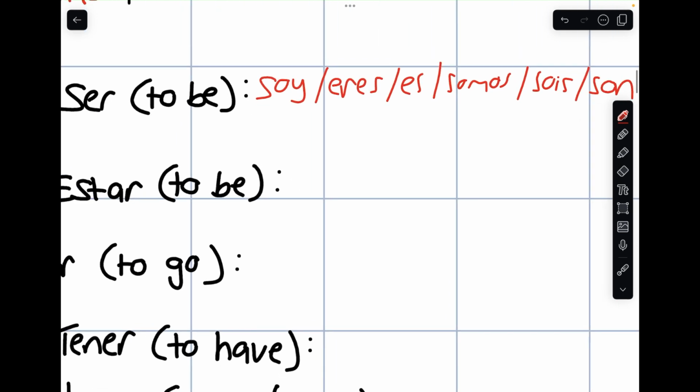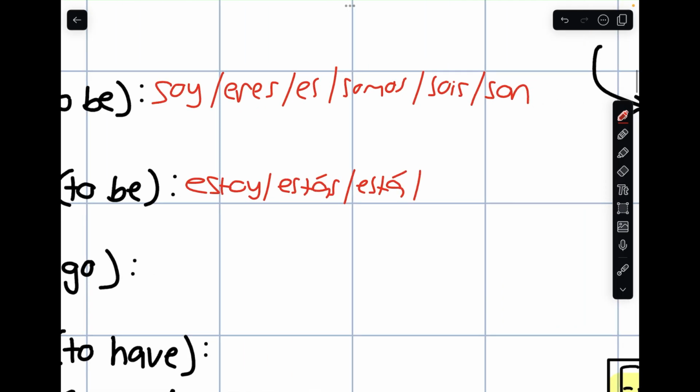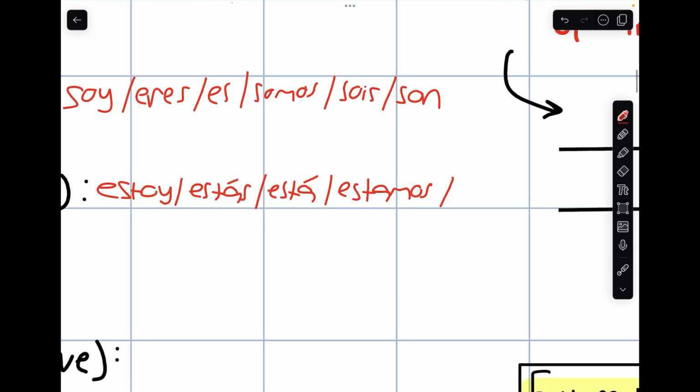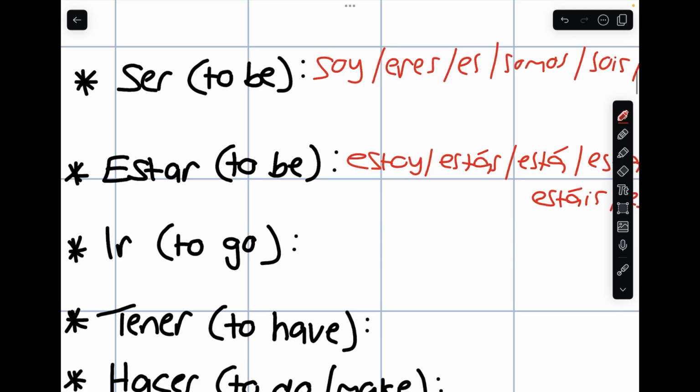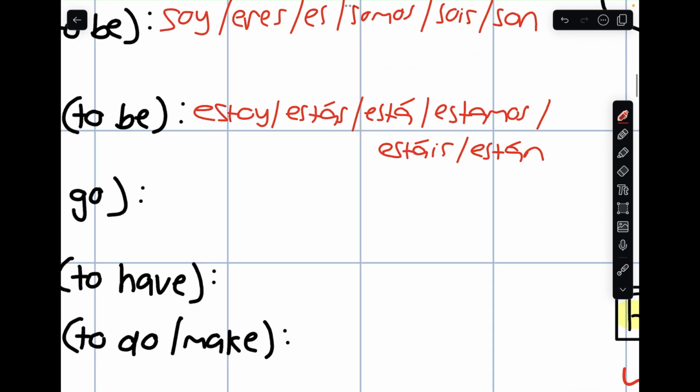Estar, meaning to be, becomes estoy, estás, está, estamos, estáis, están. Next we have ir, which means to go, and ir becomes voy, vas, va, vamos, vais, and van.